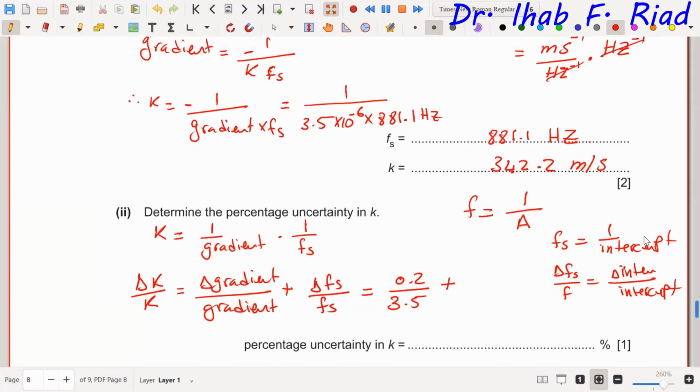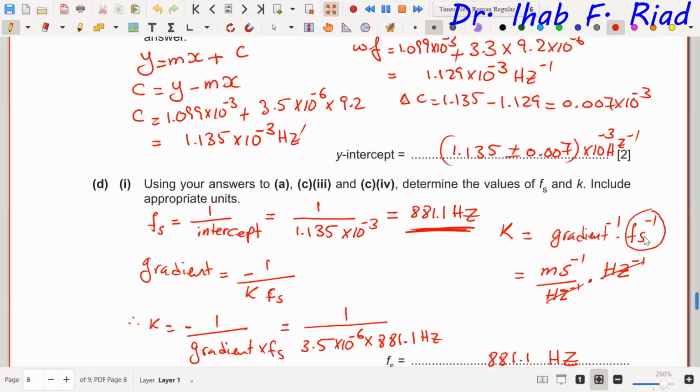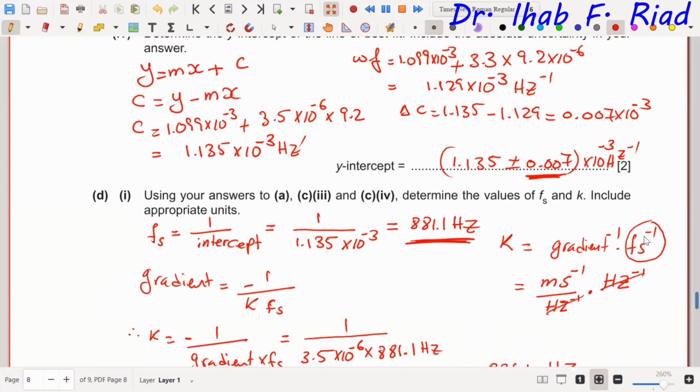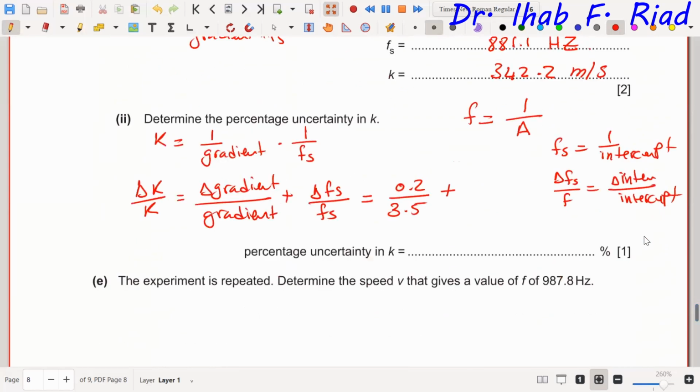What is the error in the intercept? Yes, 0.007. And what is the intercept? 1.135. And we do the math.